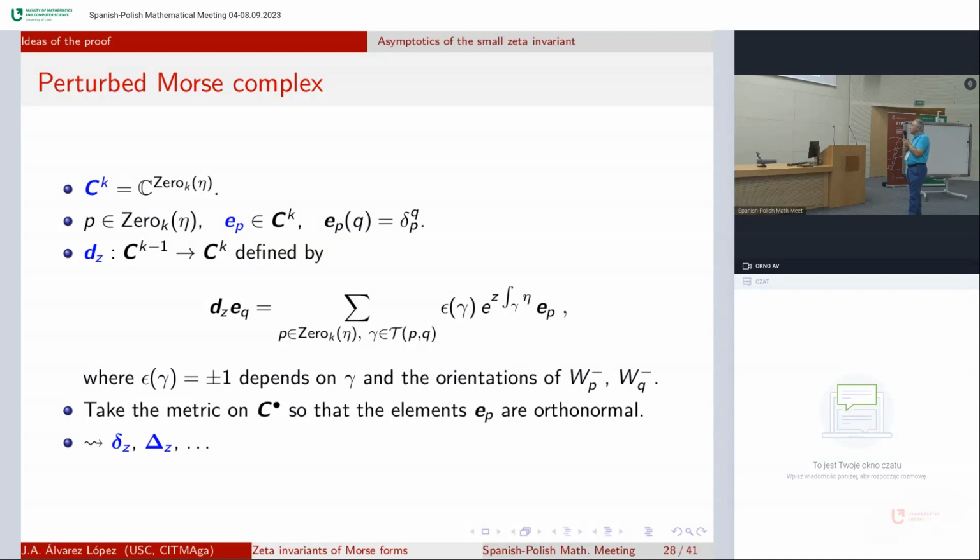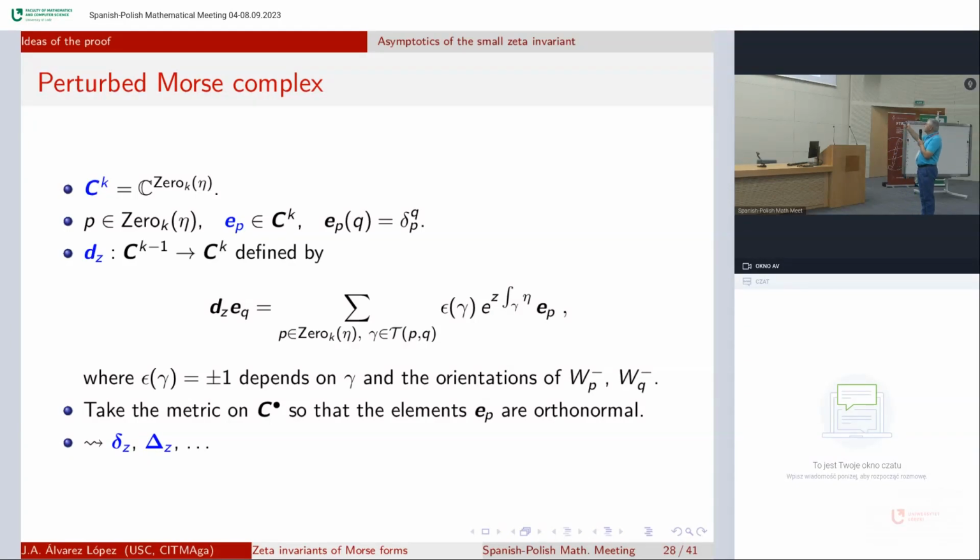And there is a twisted differential defined in this way, which maps the element defined by the zero point q of degree k minus 1 to this expression.